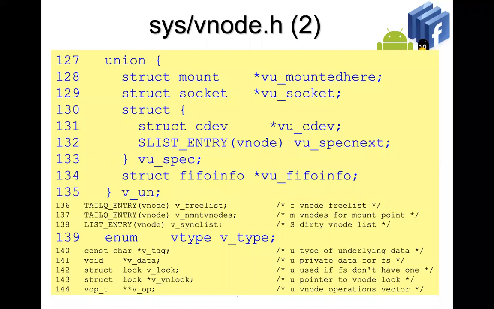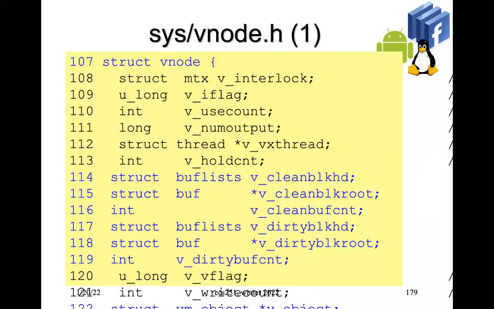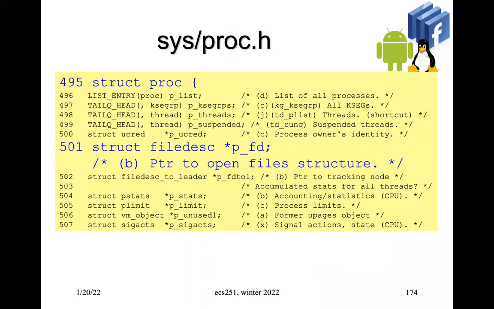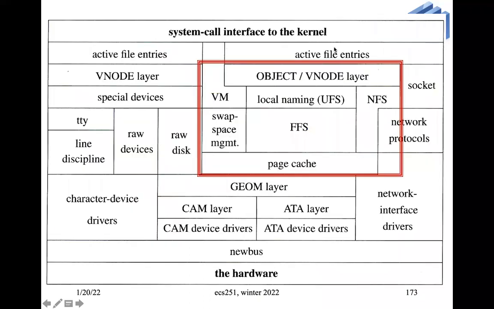If you remember this part, the kernel, vNode is not just handling files. vNode also handles virtual memory, which we already talked a little about, and also NFS, the network file system, and vNode actually handles sockets as well, the network protocol.